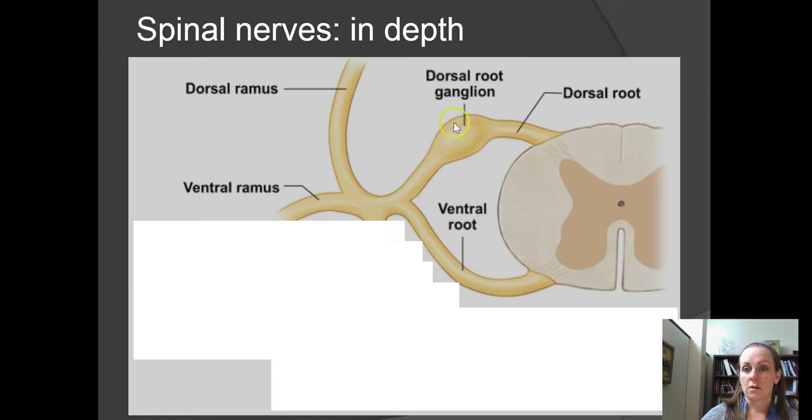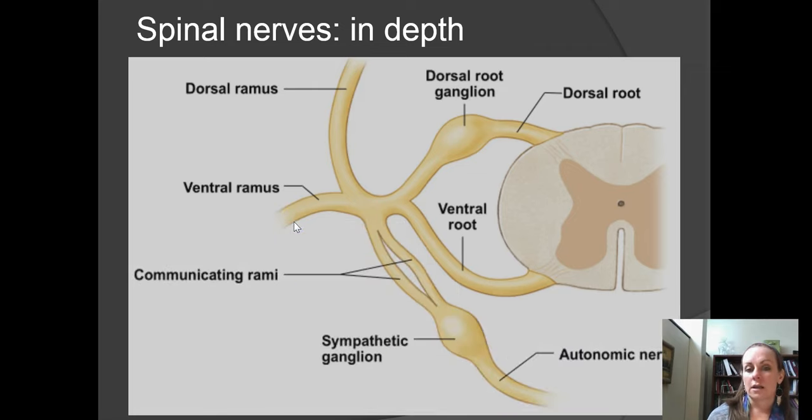Okay, again, the roots fuse. This portion is called the spinal nerve. The spinal nerve splits. The part that goes posterior is the dorsal ramus. The part that goes anterior is the ventral ramus. And then here's another split that comes off of it. We've got these two little lines called the communicating rami.